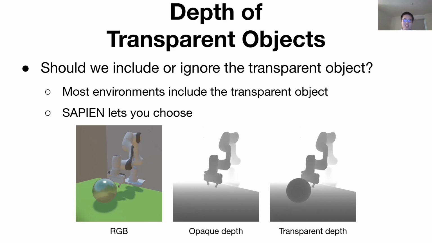But for something like a transparent window, it's almost not there, and maybe we want to discard that object when we compute the depth. Most environments would include the transparent object, but in Xception, we recognize both use cases, so we will render both depth maps and let the user choose which one to apply in the applications.